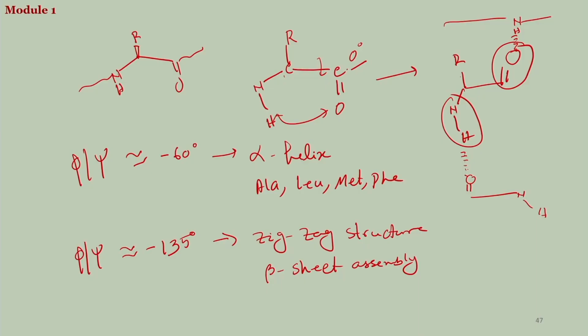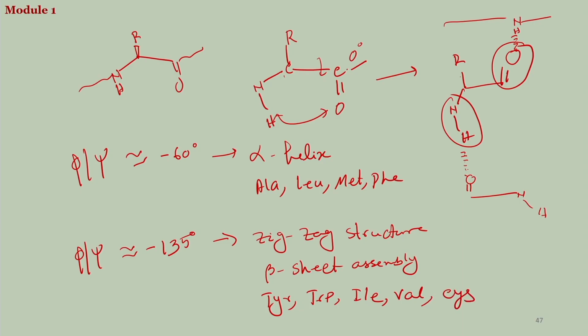So, relatively larger amino acids like tyrosine, tryptophan, and the crowded ones, isoleucine, hydrophobic, crowded, hydrophobic with branched chains, isoleucine, valine, cysteine.